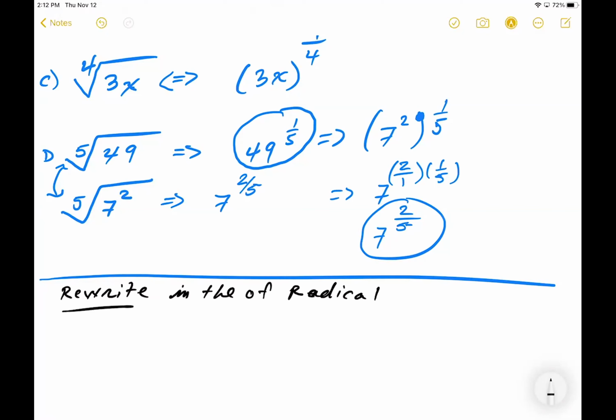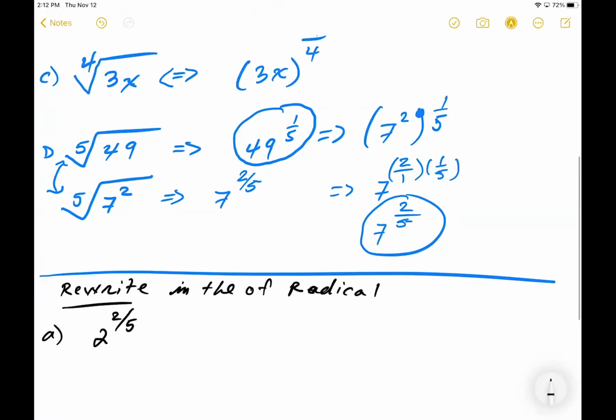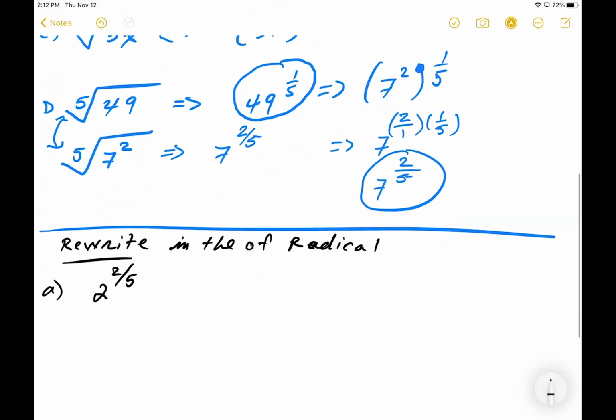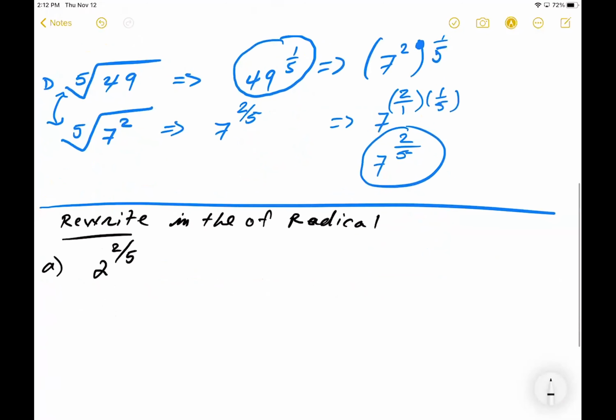So if we were to give you something like this, let's do 2 raised to the 2/5. If we have an exponent, as we did a little bit earlier, the power is the numerator and the root is the denominator.